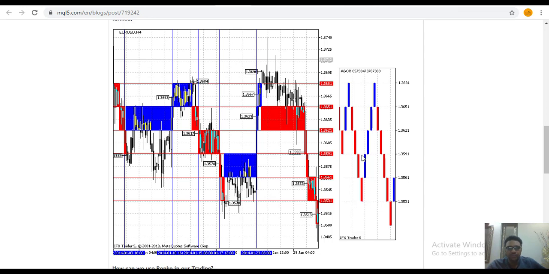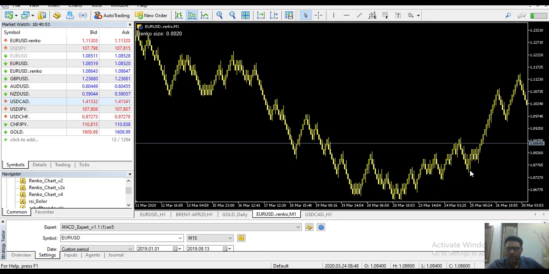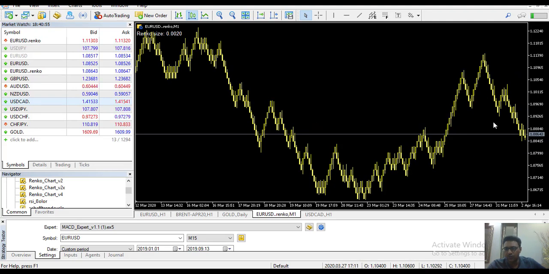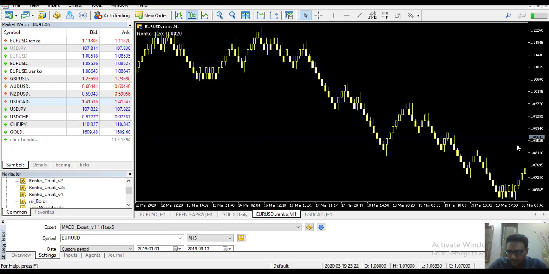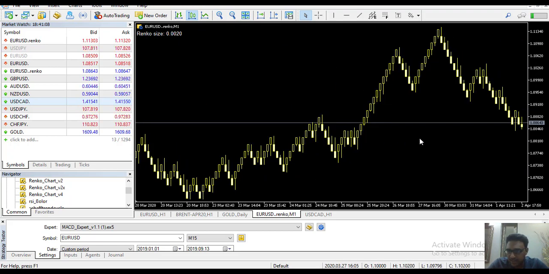The wicks are very important for the Renko formation as well. So we will now see our old chart of 200 points. Why are the wicks very important? It's because when the red brick, you can see here, so let's move to the last.